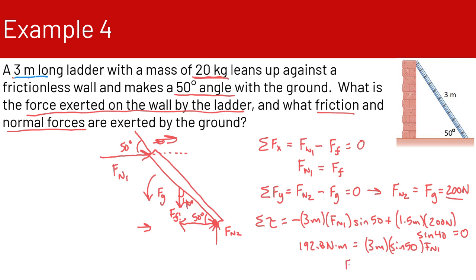So then Fn1 is equal to 83.9 newtons. And so since Fn1 is equal to friction, we can say that the friction force is equal to 83.9 newtons. So friction is 83.9 newtons, and the normal force exerted by the ground is 200 newtons. That's how you solve this problem.